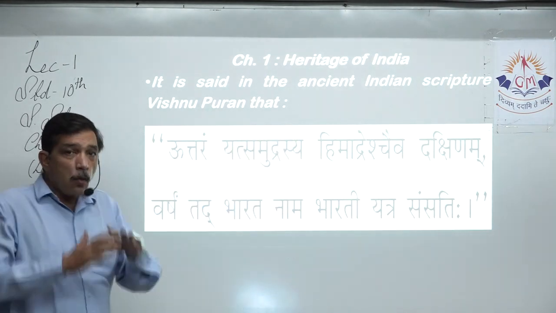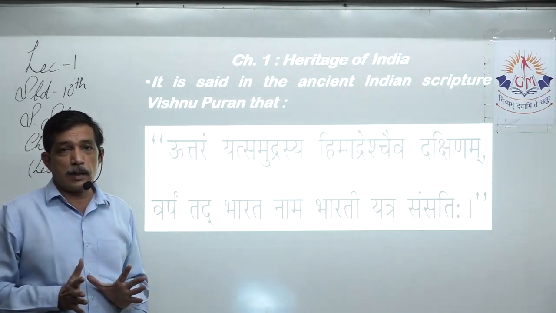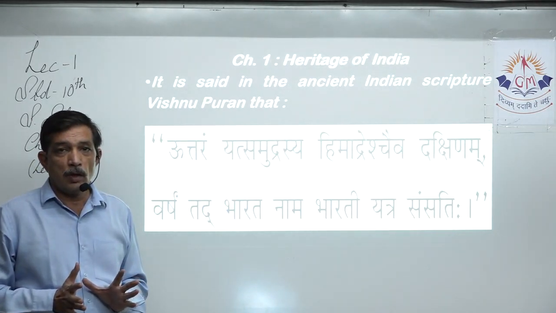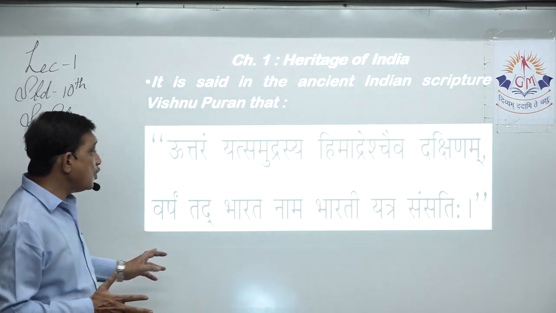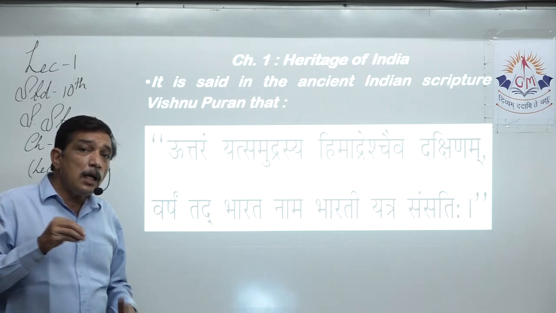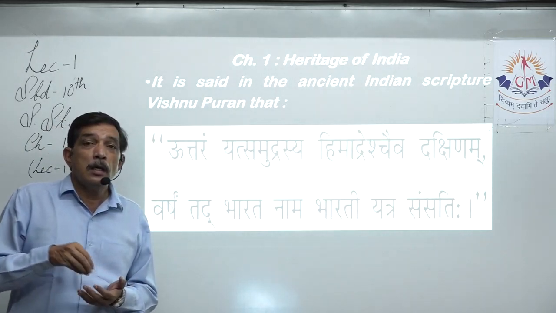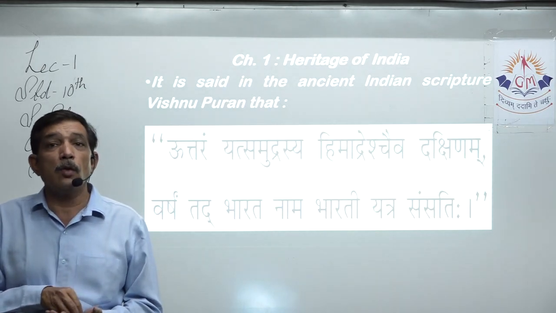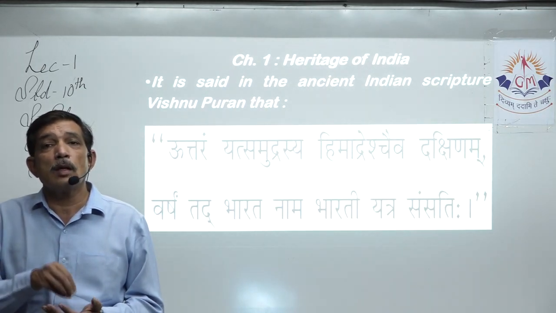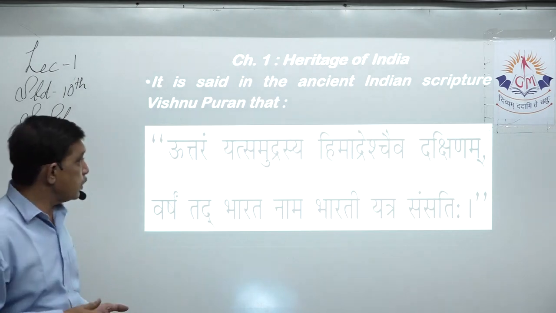Varsham tad Bharat, the whole of the area in between is known as Bharat. And the people who reside in it, they are known as Indians, right? There is a simple meaning.